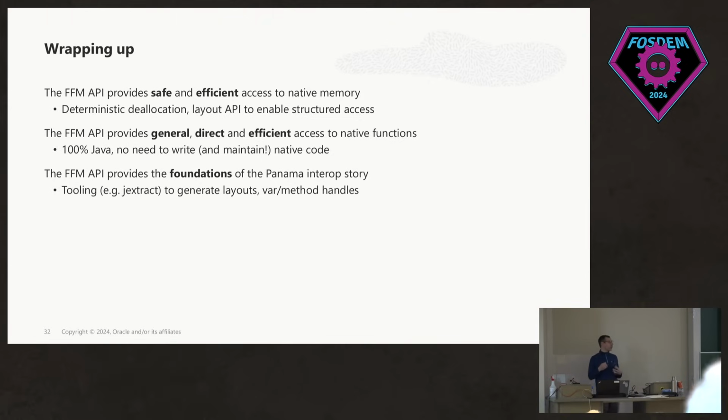Then we have an API to access native functions directly from Java, so no need to write JNI code. That means that your deployment gets simpler because you don't have that shim DLL that you need to distribute along with your application. And together, the foreign linker, memory segments and layouts provide the foundation of a new interop story for Java that is based on a tool called jextract, which allows us to target native libraries directly.